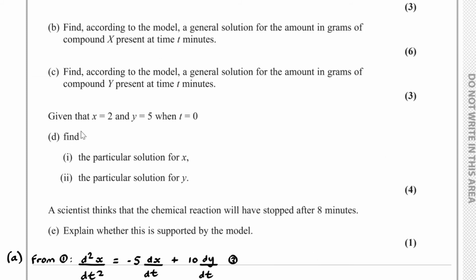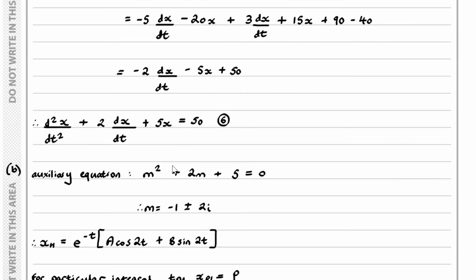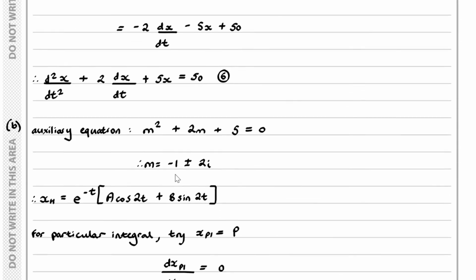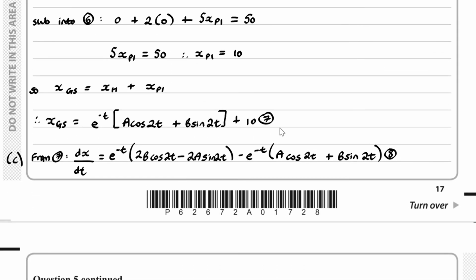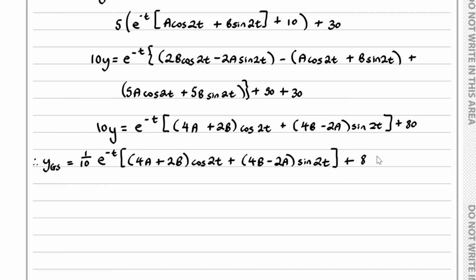Now for part D of the question, given that x equals 2 and y equals 5 when t equals 0, we have to find the particular solution for x and y. So if we deal with the x first, so we will be using equation 7 for that. So let's just call this equation 8 actually.